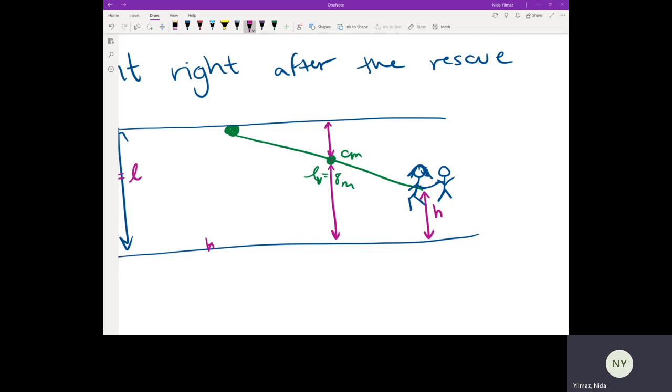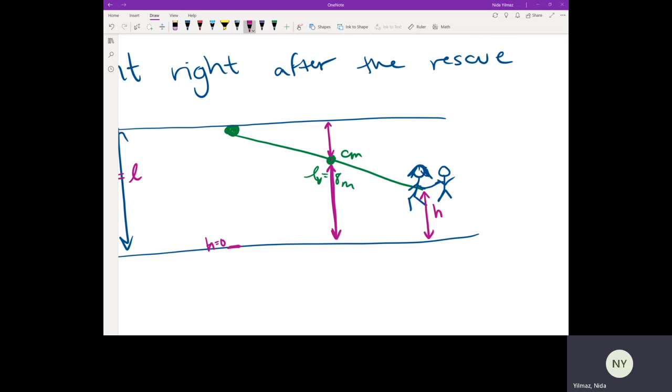This is H equals 0 here. So we need to figure out what this height is here, because that's where our vine center of mass is, and we need to account for that when we do our potential energy equations.